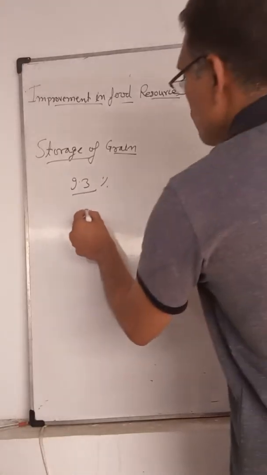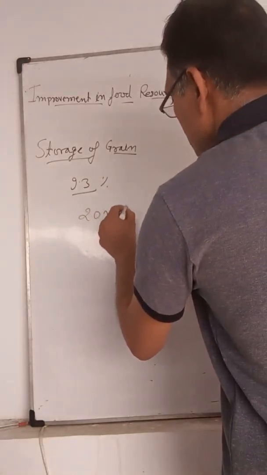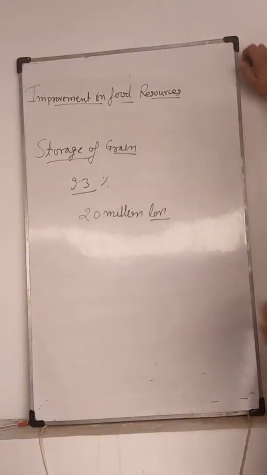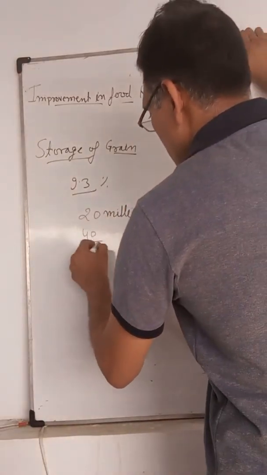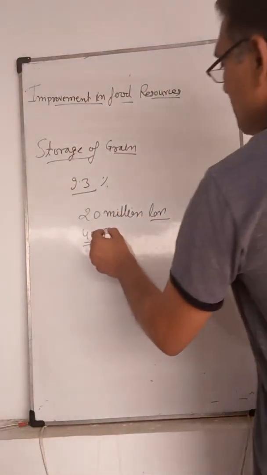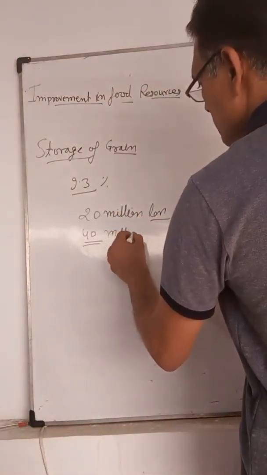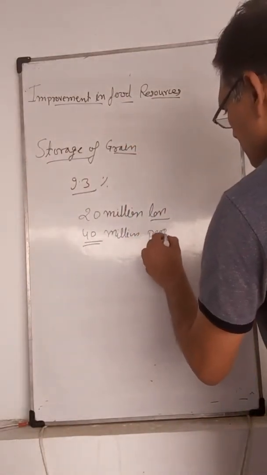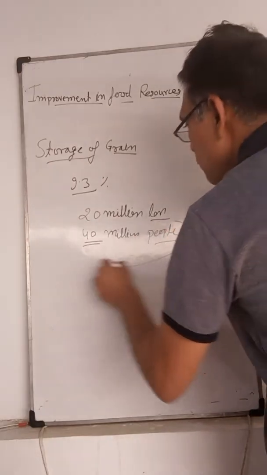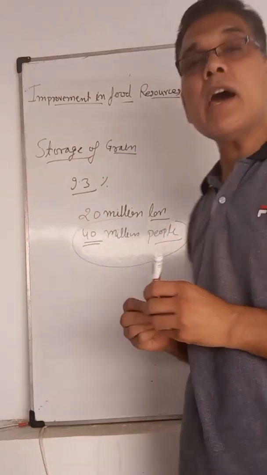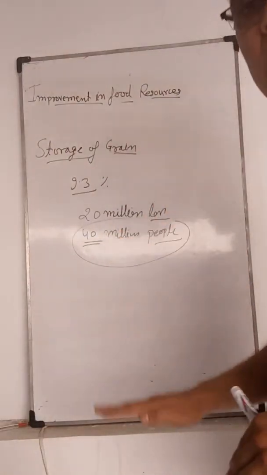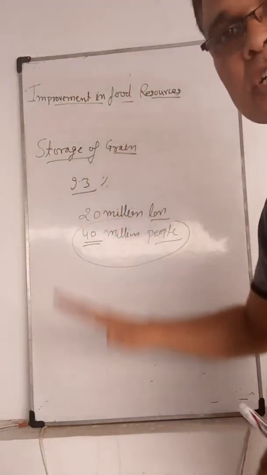That 9.3% is about 20 million tons, and this 20 million tons would fulfill the requirement of 40 million human beings if we reduce the post harvest losses.